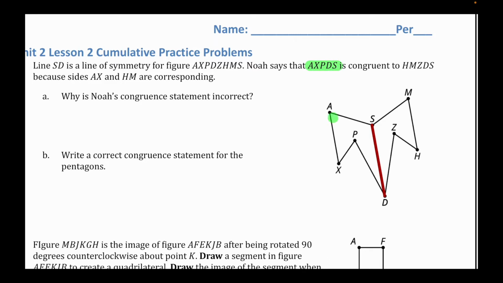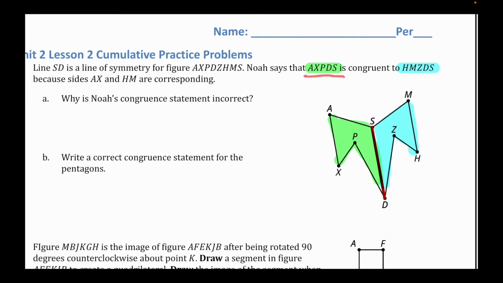AXPDS looks like this shape here, and HMZDS looks like he's talking about this shape here. Okay, so let's actually dive into why he's incorrect. And pretty much it's going to be because order matters.